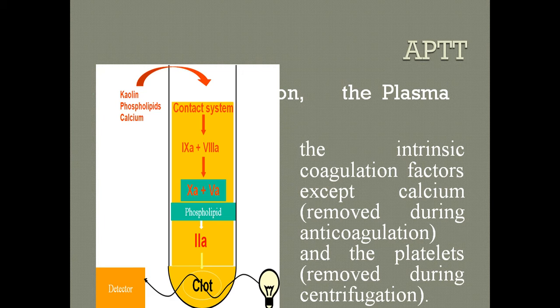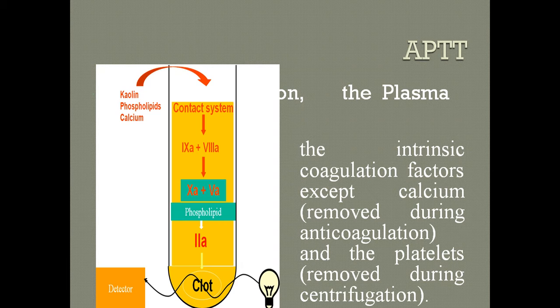Then you will add the calcium to the plasma. After adding both the kaolin and phospholipid mixture and calcium, immediately start the stopwatch and note the time of clot formation. As soon as the clot forms, you will stop the stopwatch and note the time.